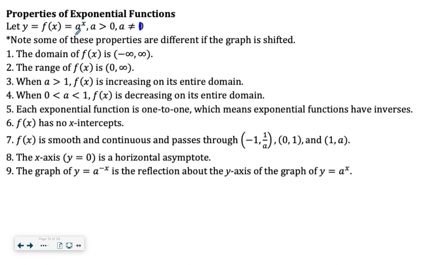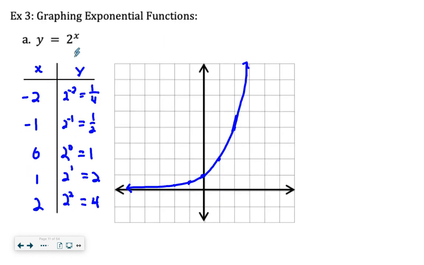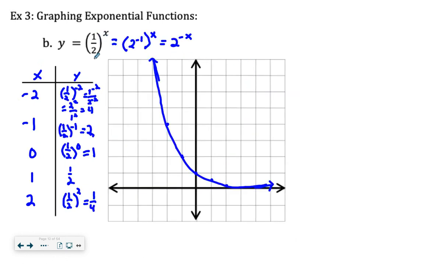If my base is greater than 1, the function is increasing. If the base is in between 0 and 1, my function is decreasing. And we just looked at 2 examples of that, right? For this one, the base is greater than 1, my function is increasing. For this one, my base was in between 0 and 1.